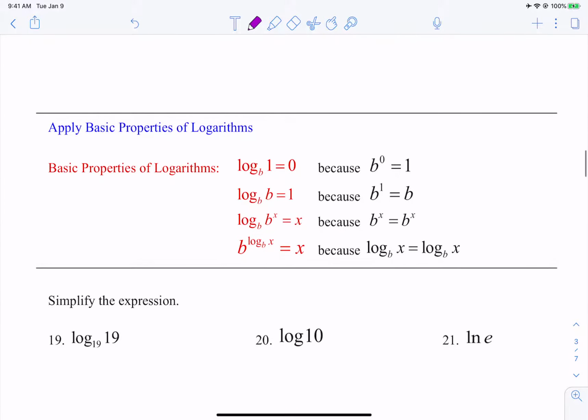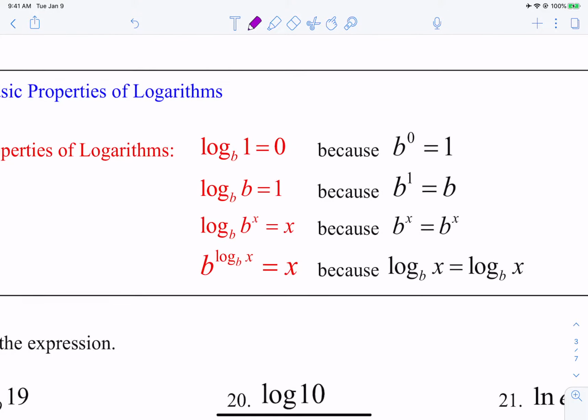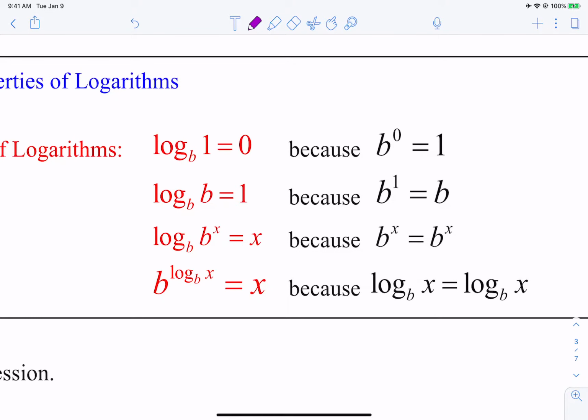Okay, so there are some rules for any type of logarithm. To get an answer of 1, you are going to have to use a power of 0, because b to the 0 equals 1. So this works for any log, whether it's a natural log or log base e, log base 10, whichever one.